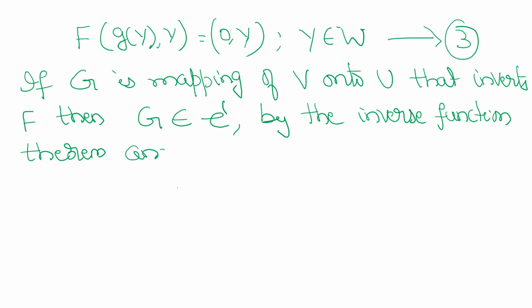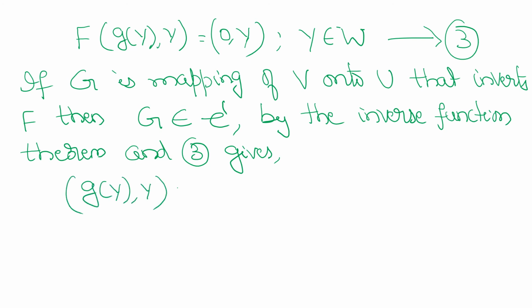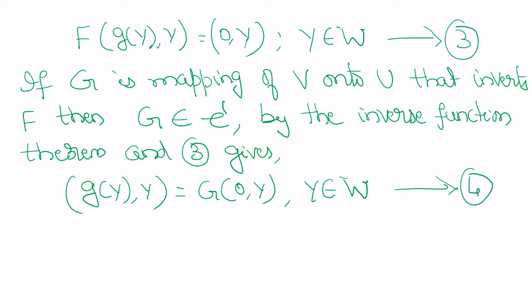And equation 3 gives g(y) comma y is equal to capital G of (0, y) with y belongs to W. Call this equation 4.